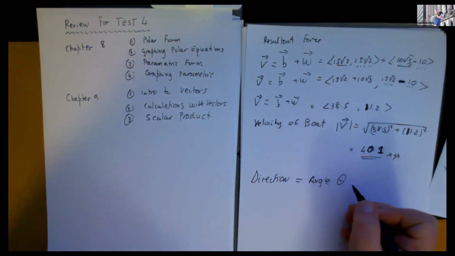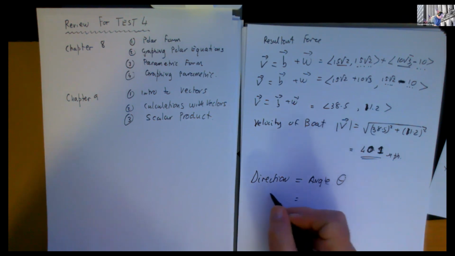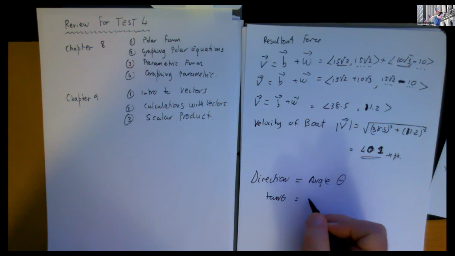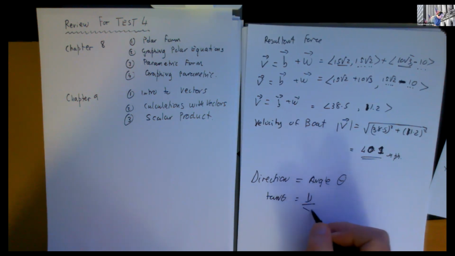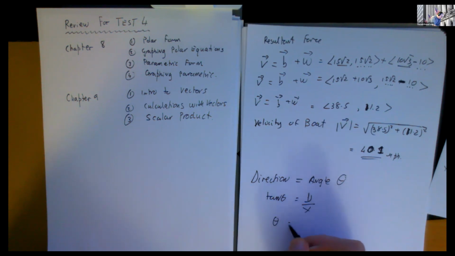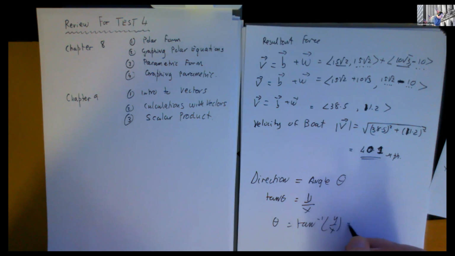So what is angle theta then? Well, you get that by using the formula that the tangent of theta is equal to the y over the x. And so theta is inverse tan of y over x.